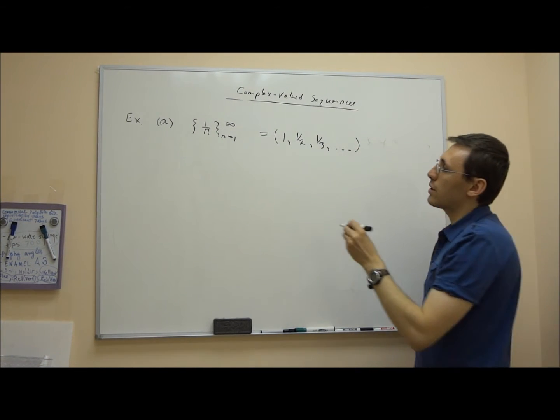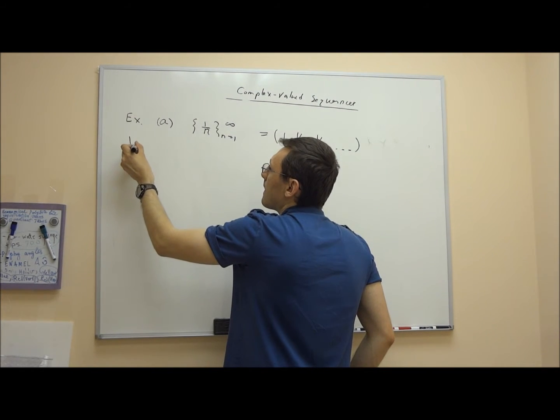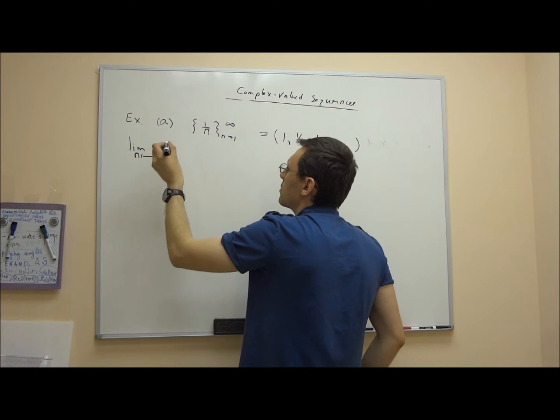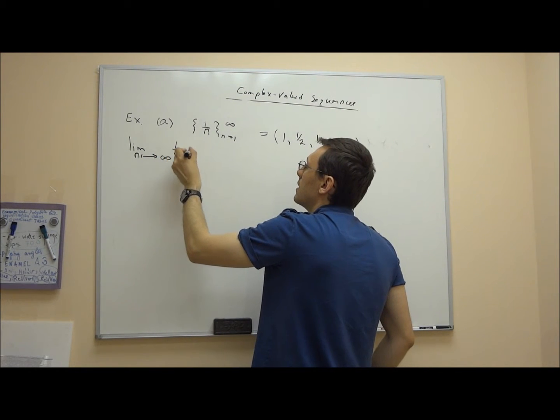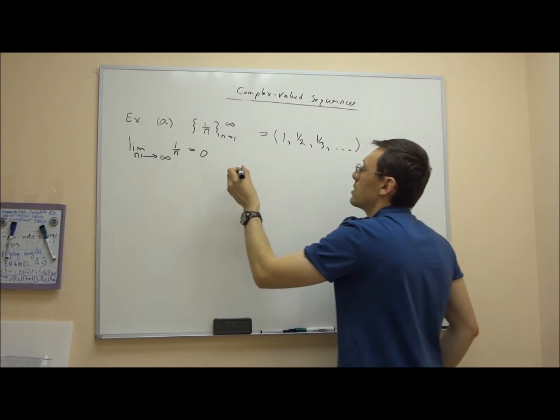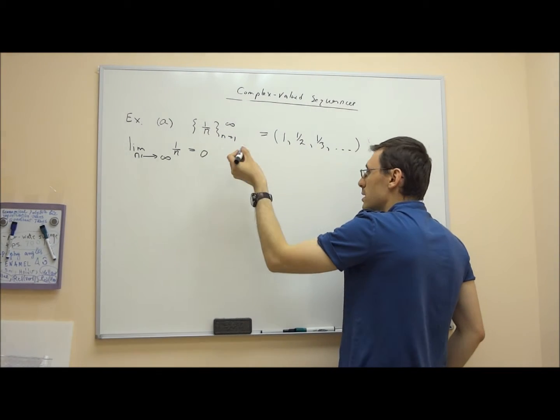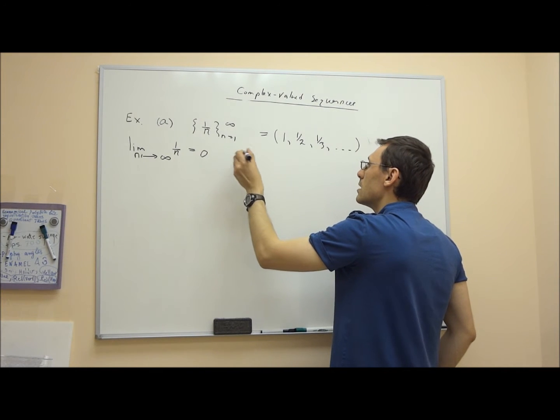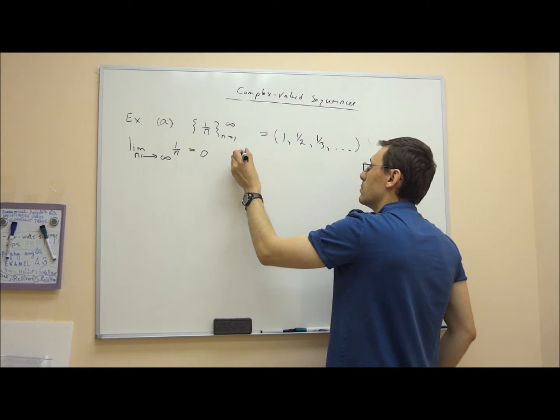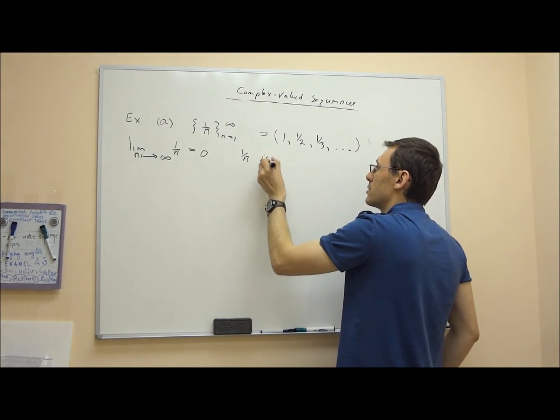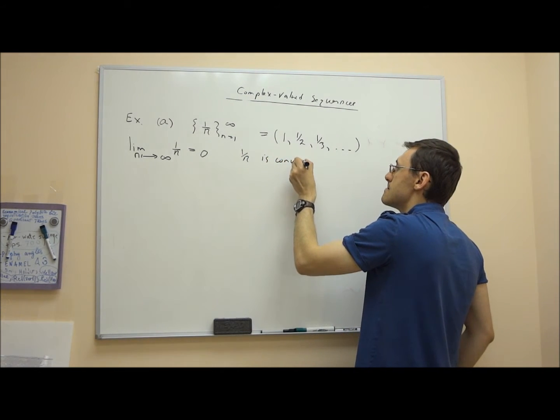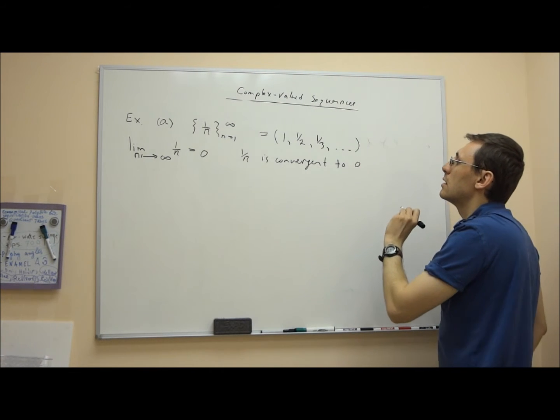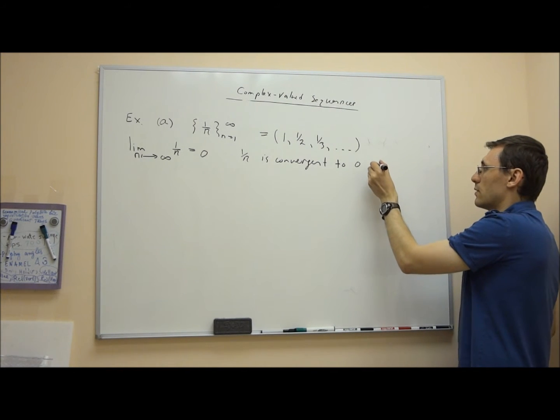We know it from calculus and from previous lectures that the limit as n goes to infinity of 1 over n is equal to 0 in the regular absolute value metric. So that implies that 1 over n is convergent to 0 with respect to the absolute value metric.